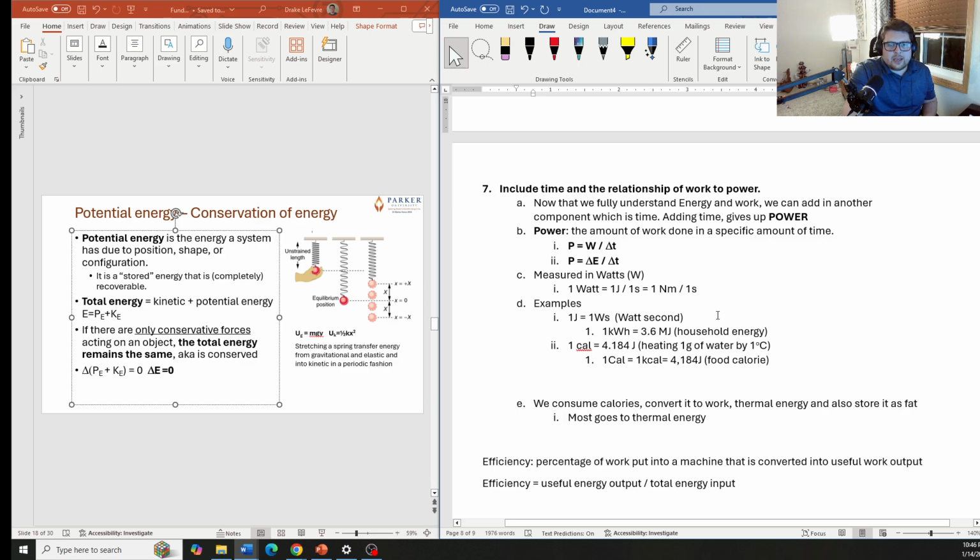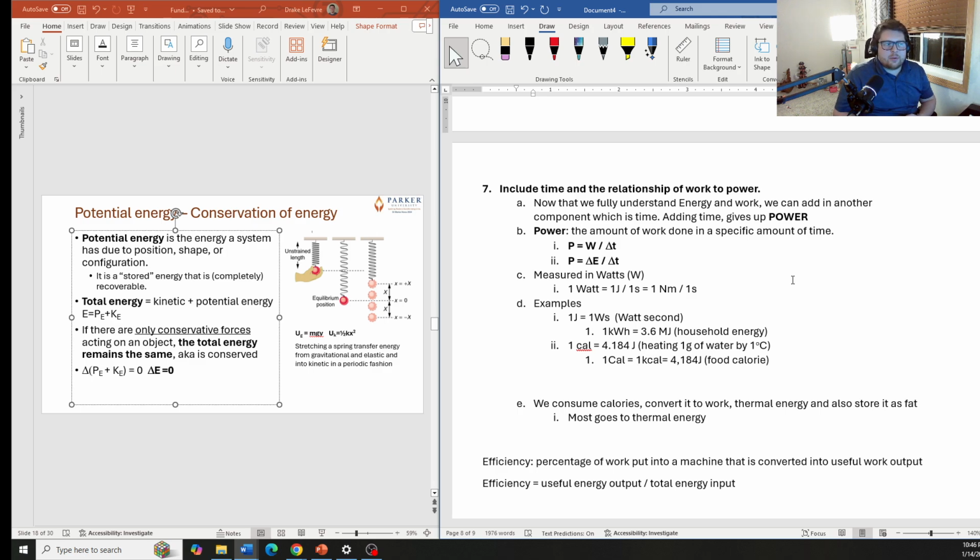Now we're going to add in the concept of time, because we can do work, right? We put energy into something to get it to move, and then we need to ask, okay, how fast or for how long are we moving it, and how quickly does this work get done? And that is what power is.